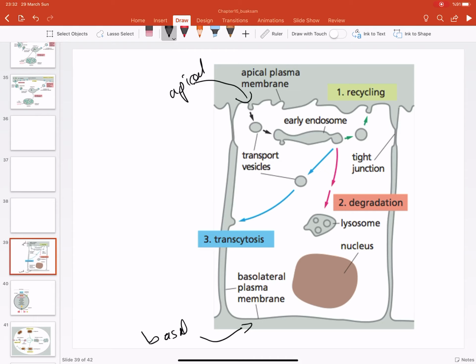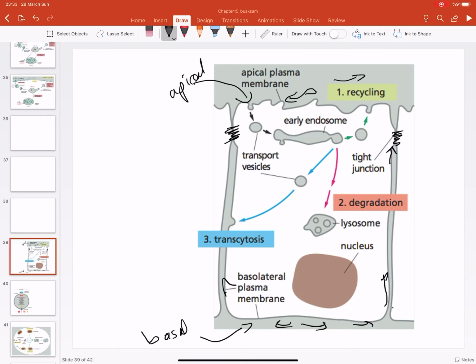They have two different protein compositions because there are tight junctions here, and these tight junctions stop the protein movement. So the protein can move here and that way, and here too. It can move that way. It can even come here, but it can never pass through the tight junction. So it creates two different surfaces for these cells.